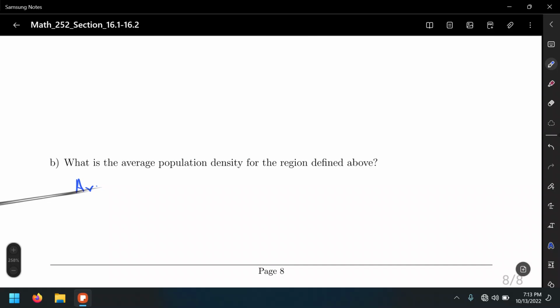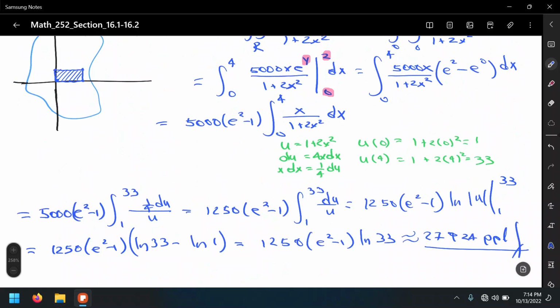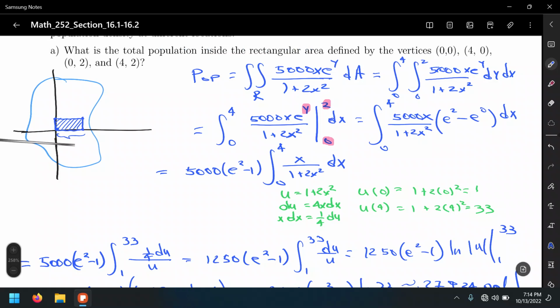All right, so all we have to do is find the average, rather the z average, which is 1 over the area times the value of the double integral over the region R of f of x y dA. But we know both values right here. So 1 over the area in this case is 1 over 8, because, well, what do we have here? So this is 4 units by 2 units.